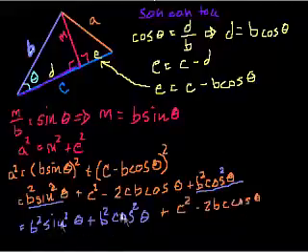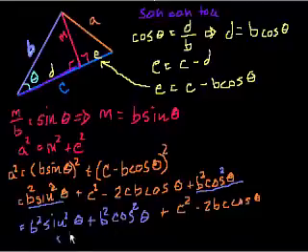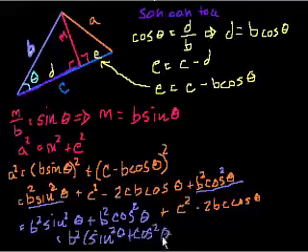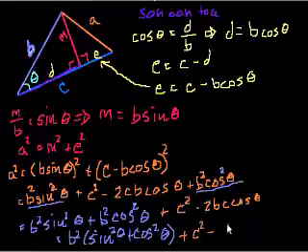Well, what does this simplify to? This is B squared times (sine squared theta plus cosine squared theta), something should be jumping out at you, plus C squared minus 2BC cosine of theta.